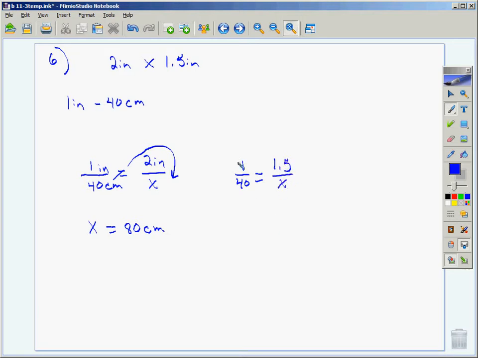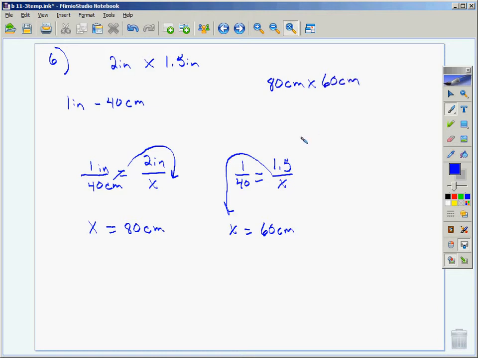And again, I'm going to take the 1 times x, which is just x, and 40 times 1.5, which is 60. So my question A says the original dimensions. It's 80 centimeters by 60 centimeters.